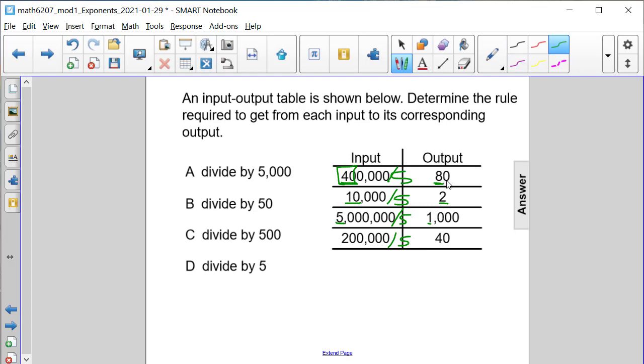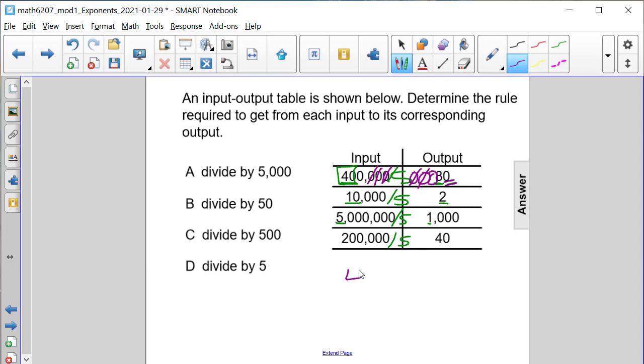But we want 1 zero remaining in our final answer. So let's see if 50 would work. Well, that would get rid of these 2 zeros, they would cancel out. You would have a lot more. Let's try 500. This would cancel out with this one. You would have 8 and then 2 zeros. Okay, that would be 800, not 80. Let's try 5,000.